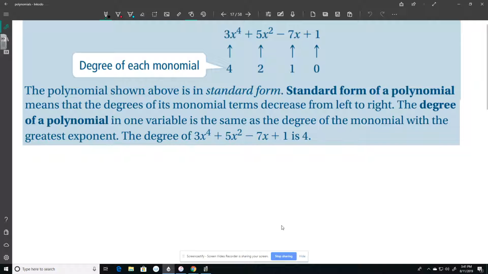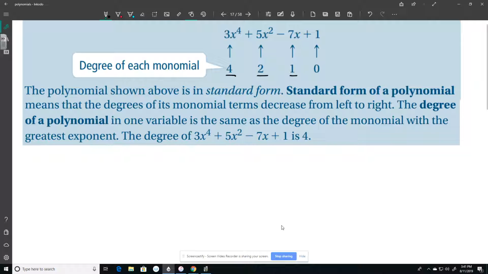So up here we have a polynomial. We have 1 term, 2 terms, 3 terms, 4 terms. We're adding them together, so it's called a polynomial. And it's shown in standard form. All that means is whichever term has the most exponents goes first. So this has an x to the 4th power, so it's a 4th degree. This has x squared, it's a 2nd degree.